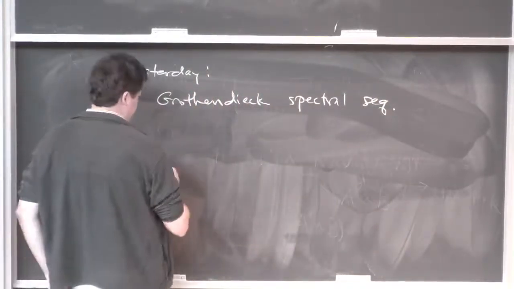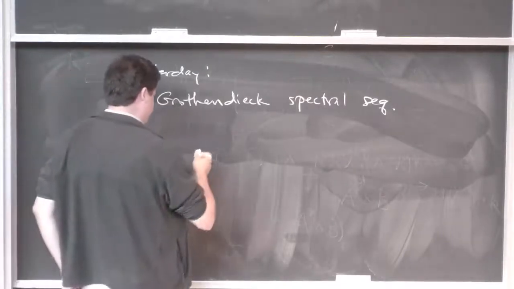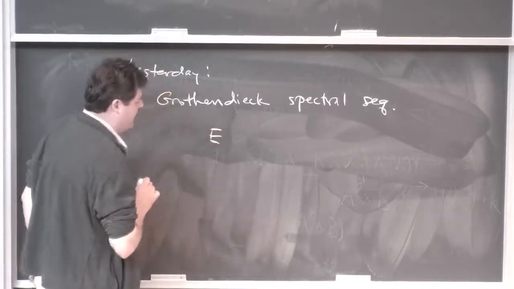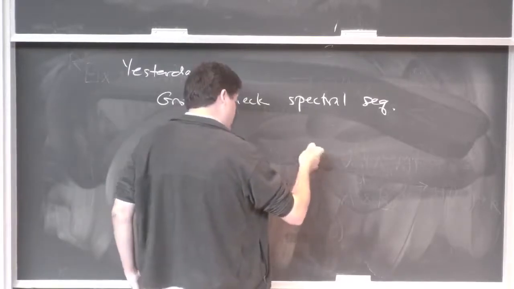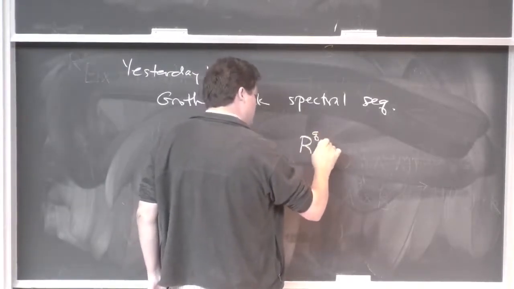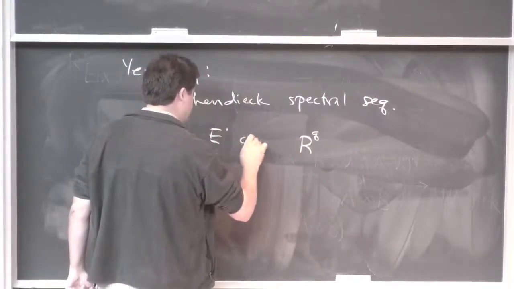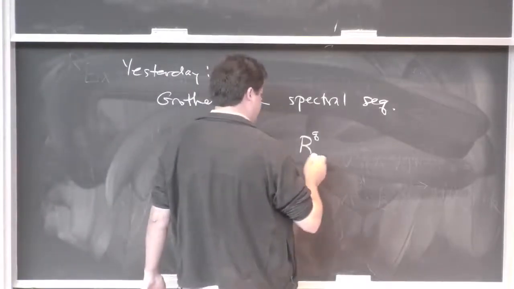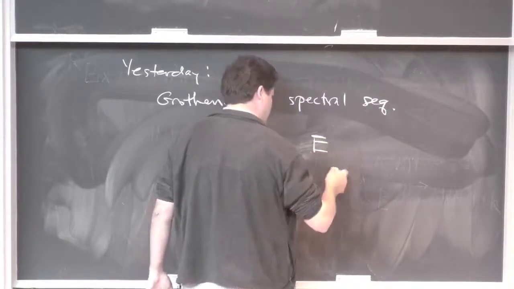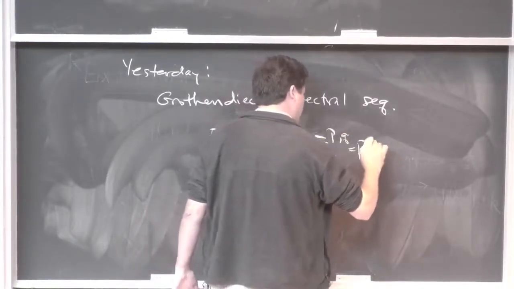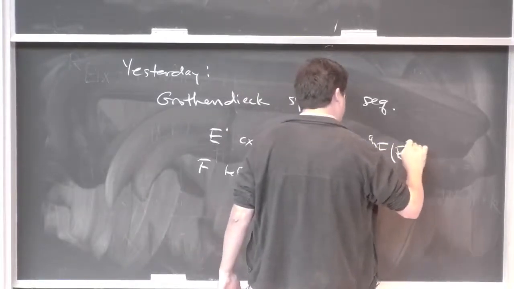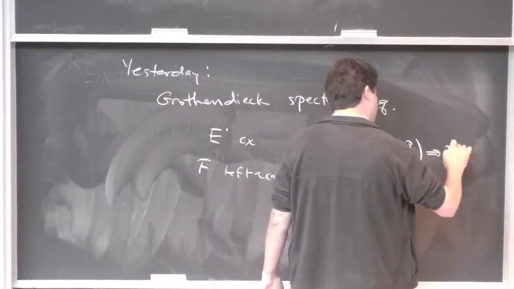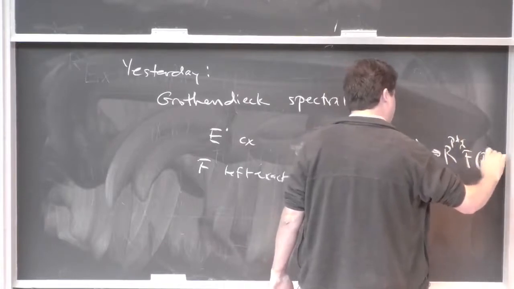Which is, if I have a complex E, and F is a left exact functor, then the E1 page is R^qF of E^p, and this converges to R^(p+q)F of E.